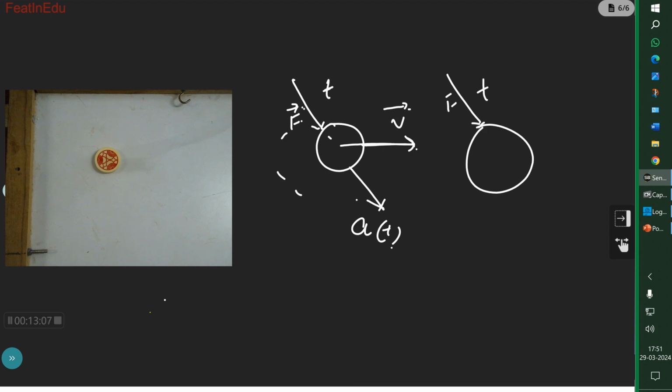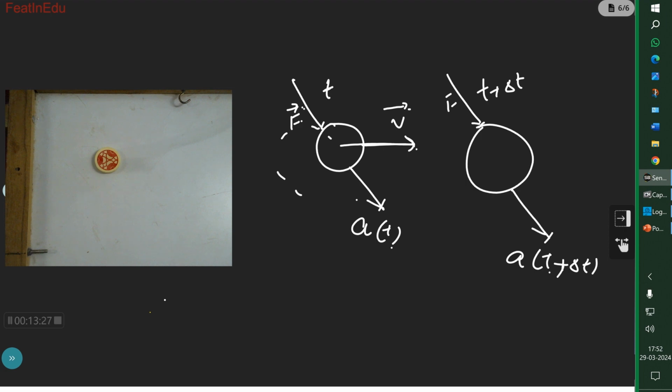At time t, the force has acted, and there is an acceleration vector. And at time t plus delta t, where delta t is very small, the acceleration vector is almost the same. The force vector has not changed in the small interval of time.